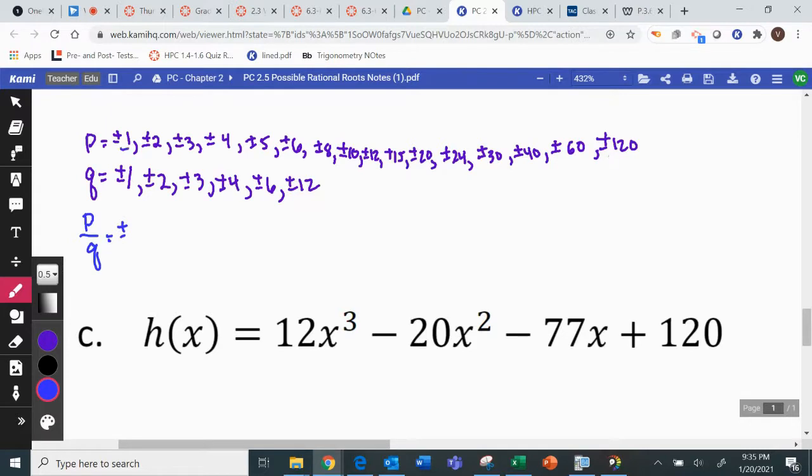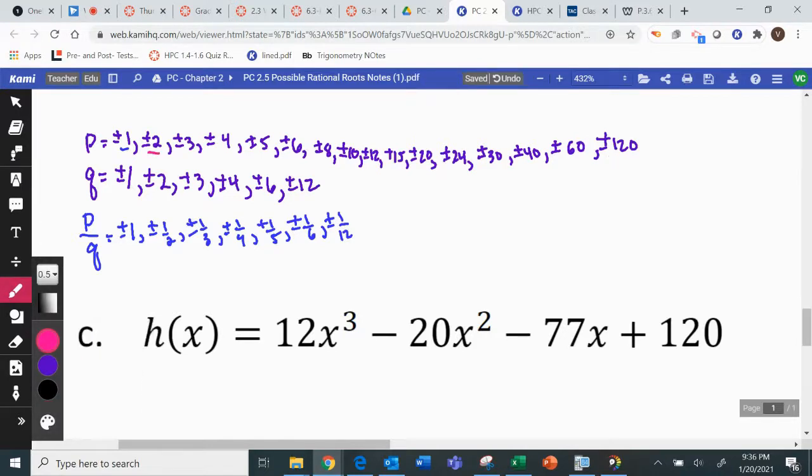Okay, so I'm going to start with the ones, and I'm going to put the ones over all of the q's. So I get plus minus 1 over 1, so 1. Then 1 over 2, then 1/3, 1/4, 1/5, 1/6, and 1/12.